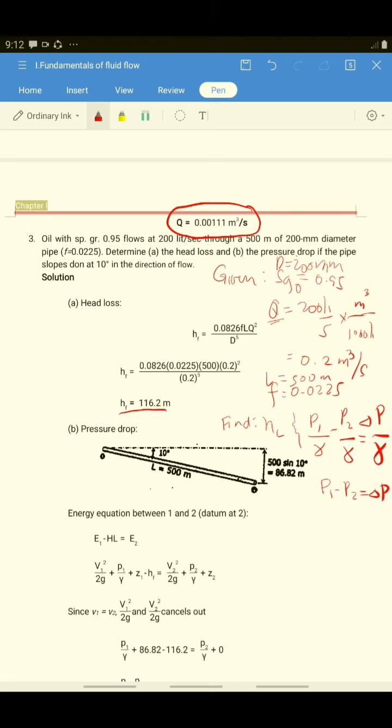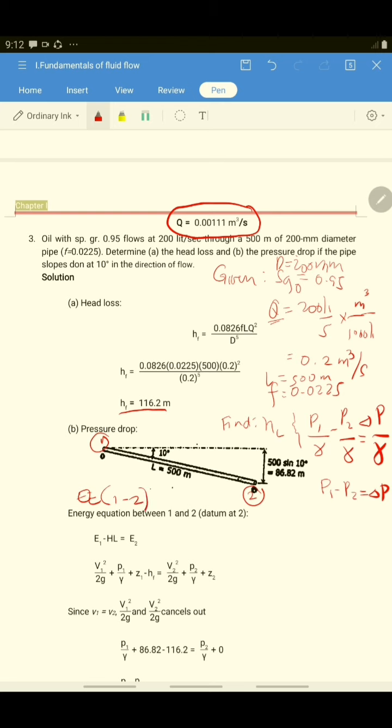There's no bending of the pipe. There's no sudden enlargement of the pipe. So we only have head loss due to major losses. Okay, so here, if this is our point 1 and this is our point 2, you write the energy equation between 1 and 2.